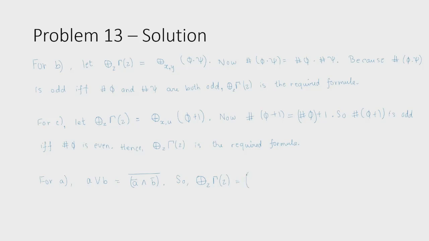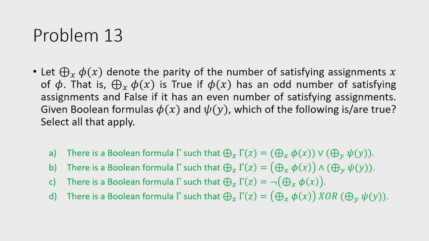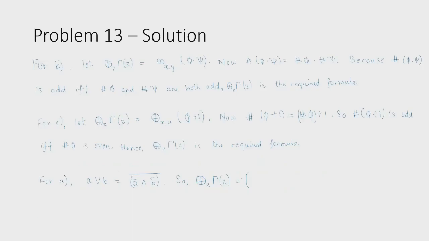First we want to take not of a and b. In our case, a and b would be these two formulas, parity_x phi(x) and parity_y psi(y). I forgot the parity outside. x, y, and q are the extra variables that you might need in the sum and product constructions.